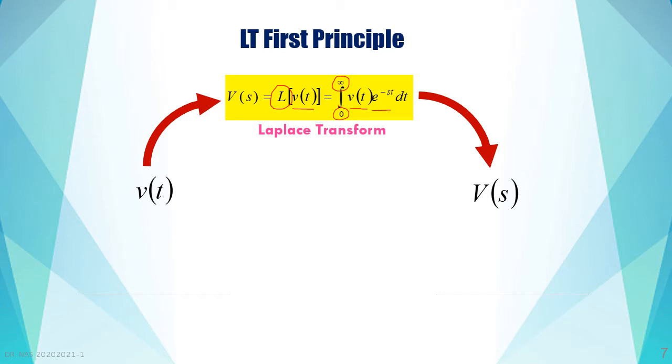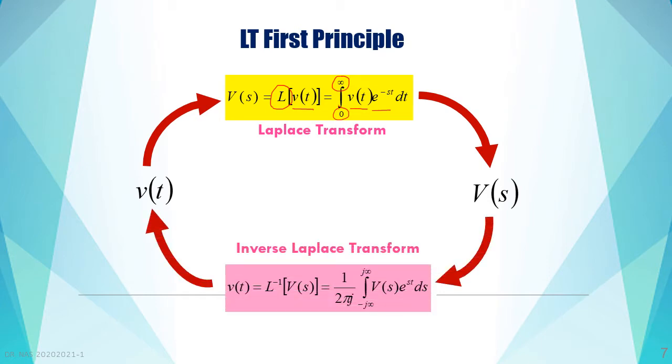Once you have solved the problem using S domain, then you need to reconvert the S domain back into T domain by using inverse Laplace transform. In this, L to the power of -1 is the inverse of Laplace transform. You transform the S domain back into T domain by performing another integration of the signal in S domain multiplied by e to the power of st ds, multiplied by 1 over 2 pi j.